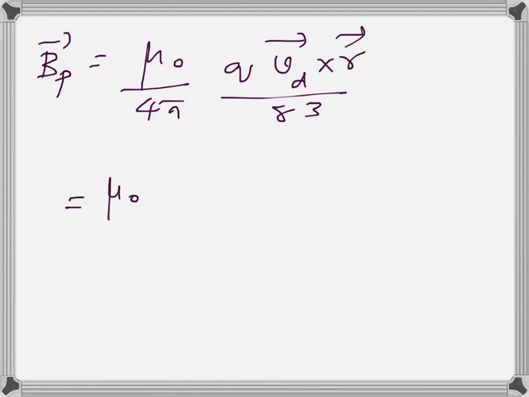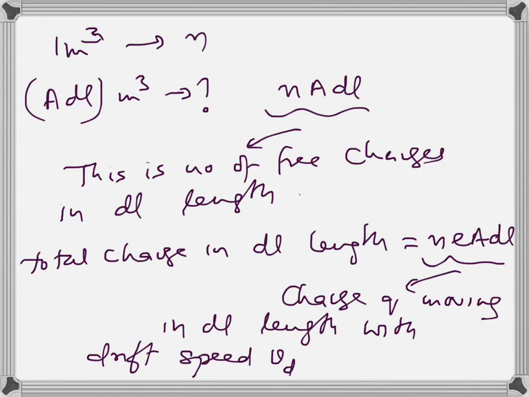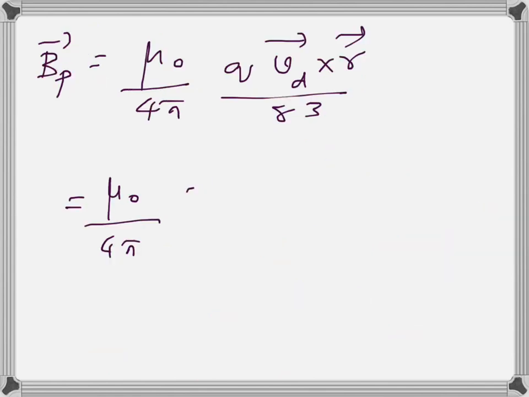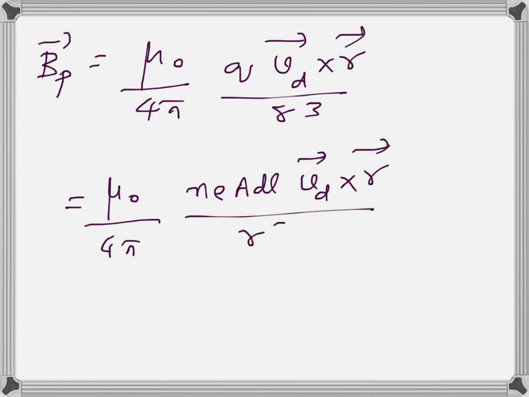So I can write it as mu naught by 4 pi, Q we already got, the total charge, that is neA dl, into Vd, the drift velocity with which these charges are moving. If it is positive charges, they are drifting in the direction of current. If it is negative charges, they are drifting opposite to the direction of current. Since we are working with positive charges, I will go this way, cross r by r cube.